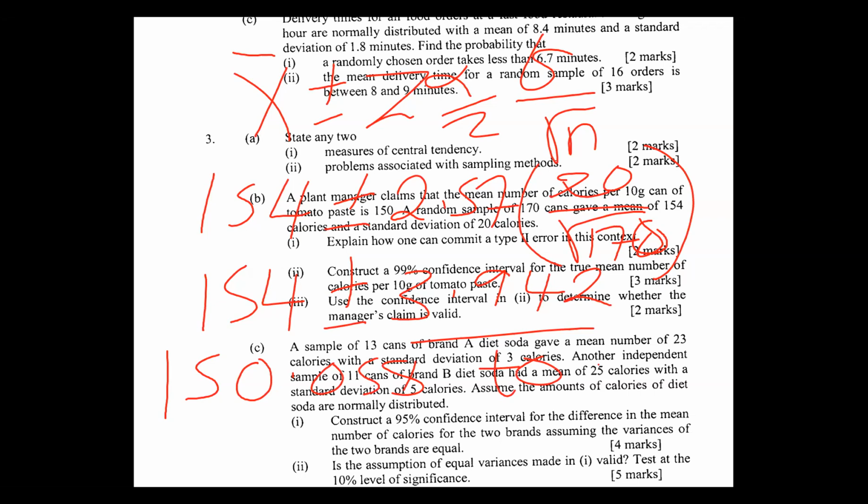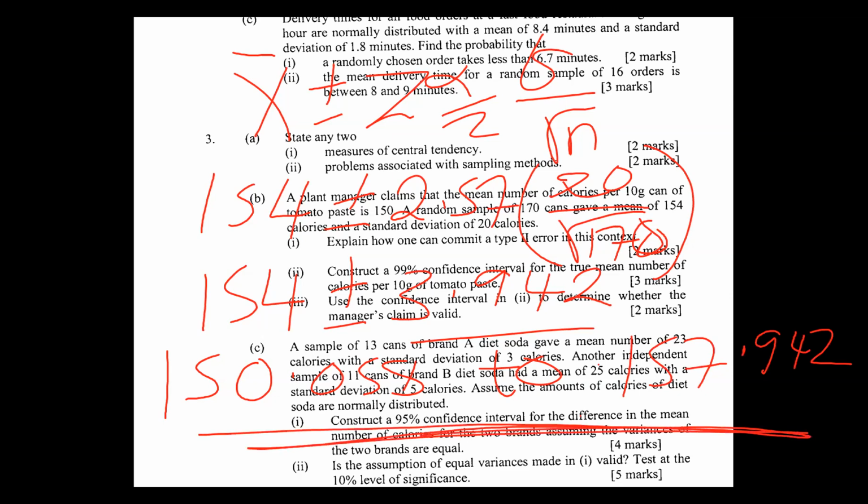What do you get? 157.942. So now this is the range, what we call the confidence interval. This is the confidence interval at 99%. You have created the interval. Is that clear? That's how you create the interval. Very easy.